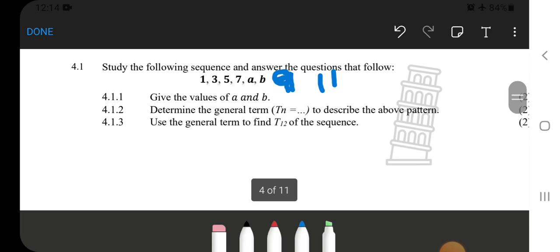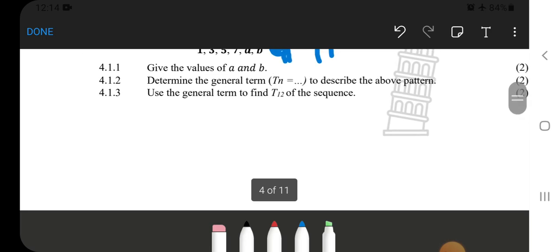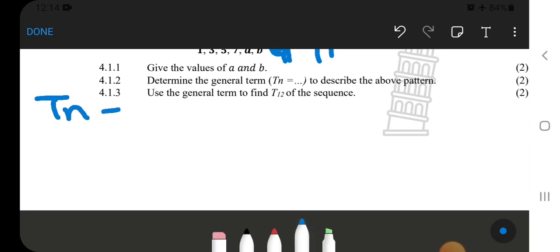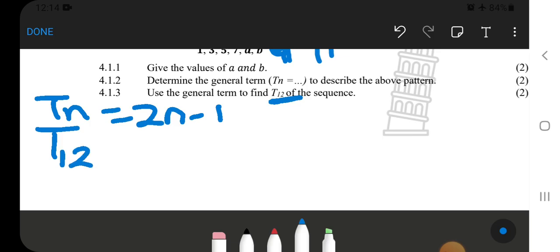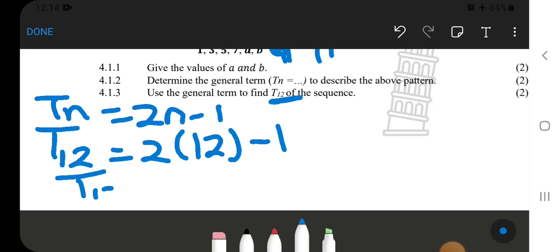So 4.1.3 says, use the general term to find term 12. So the general term is Tn equals 2n minus 1. So T12, that is like n is 12, equals 2 times 12 minus 1. T12 means what is the value of term number 12?